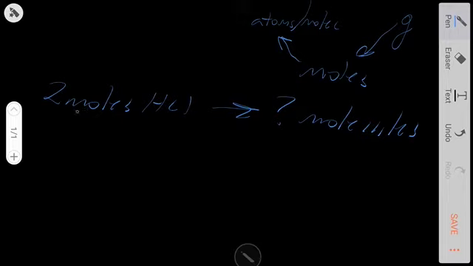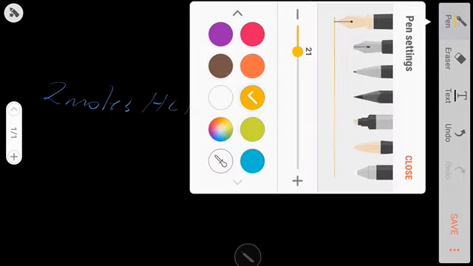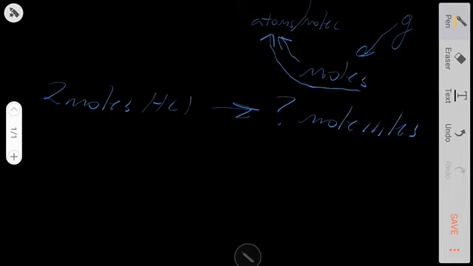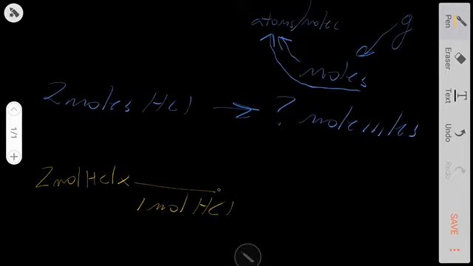Well, if I'm at moles and I want to go to molecules, I have to use Avogadro's number somewhere there. So I'll start out with 2 moles of HCl. In 1 mole of HCl, how many molecules do I have? In 1 mole of anything, I have 6.022 times 10 to the 23 molecules of HCl.